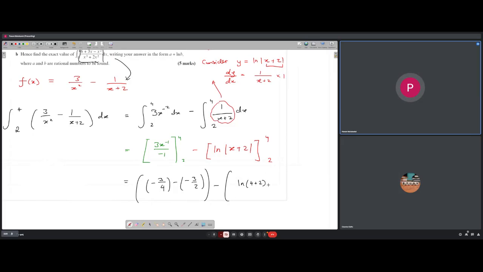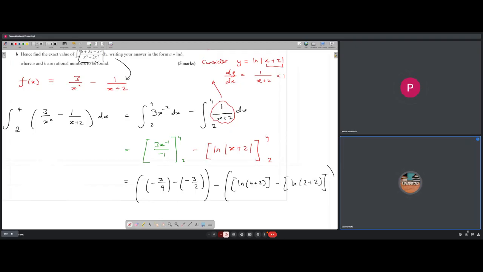natural log of 4 plus 2 minus natural log of 2 plus 2, because those are the limits. I'm looking at both of these separately.